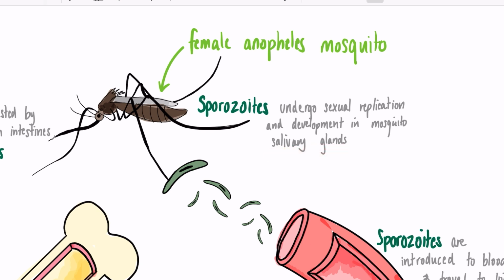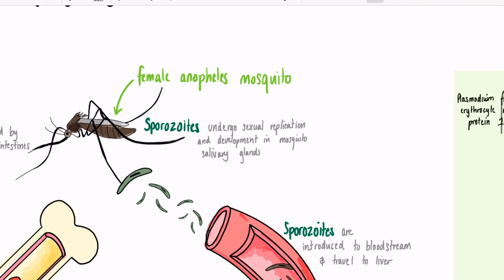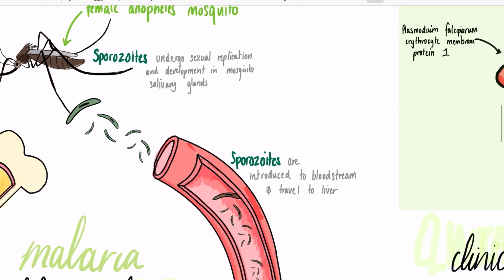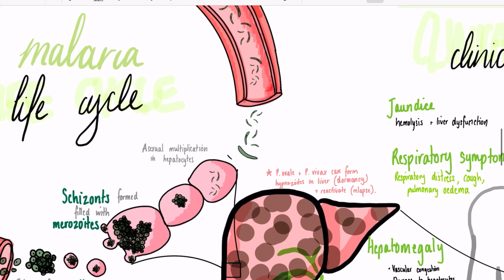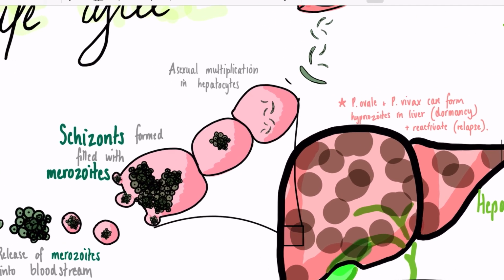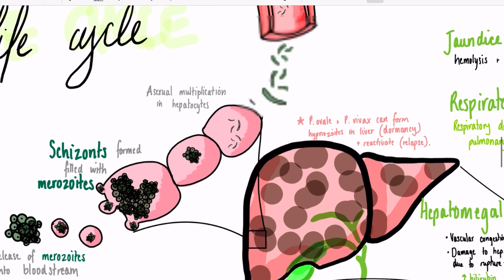So obviously when they then bite someone, they're going to deliver these sporozoites into the bloodstream of their next victim. These sporozoites travel through the bloodstream to the liver, where they enter the exoerythrocytic stage, or the liver stage, as we like to say.